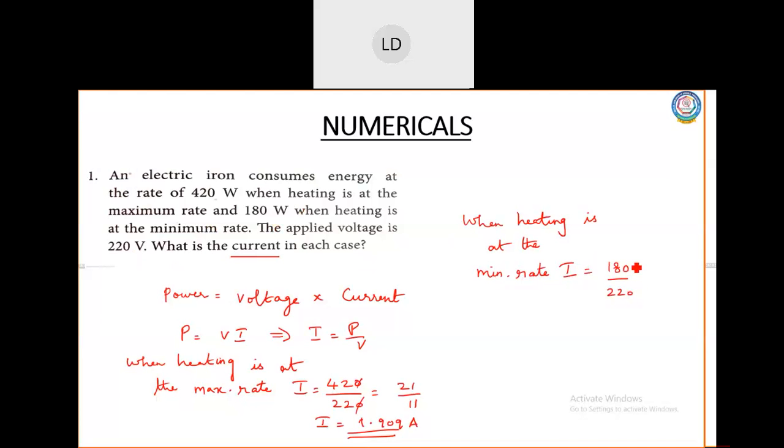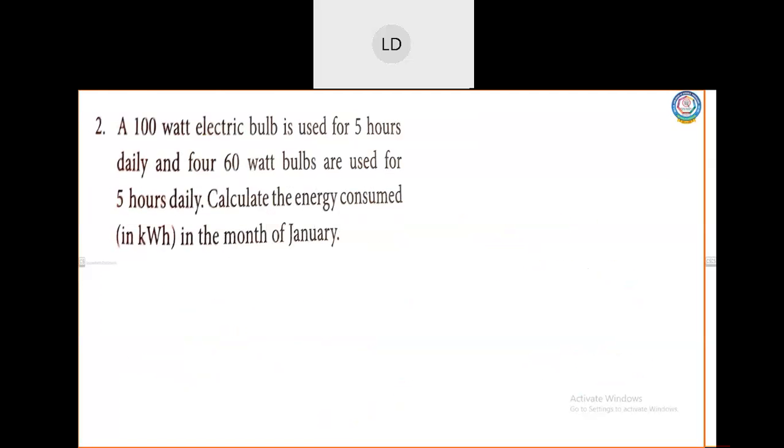Again 0 gets cancelled, so this is 9 by 11. 2 9s are 18, 2 11s are 22, and you have the answer to be 0.818 ampere. So this is the value of current when heating is at the minimum rate. Okay? Right. Next sum.